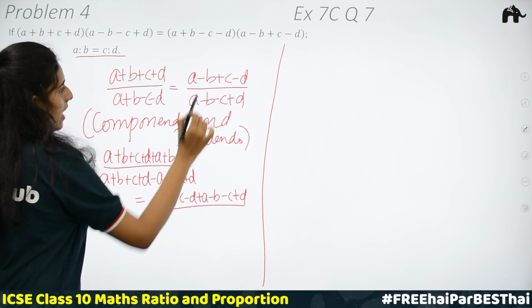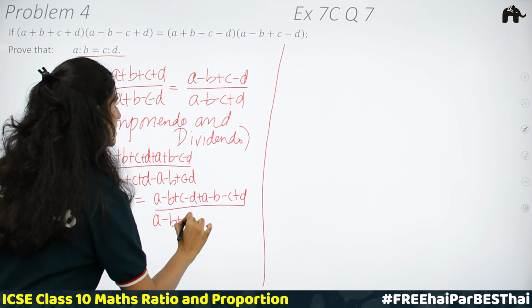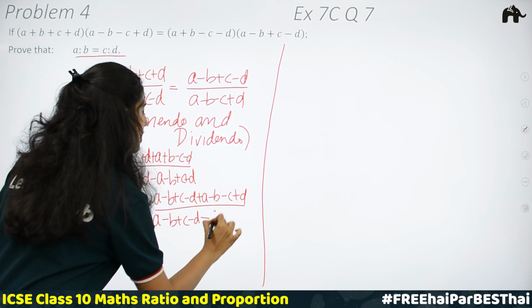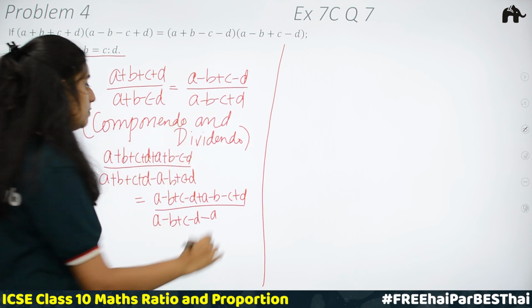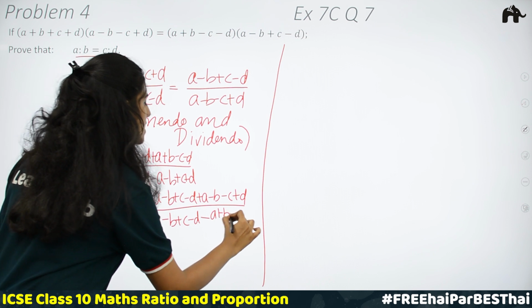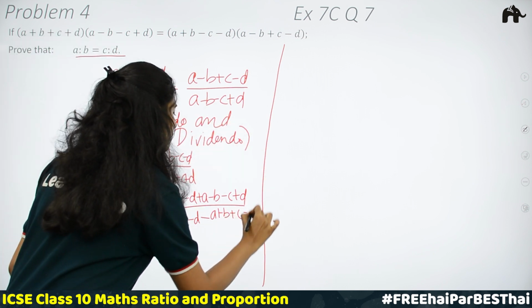Here we are having a minus b plus c minus d, then a negative, a minus of minus b plus b minus of minus c plus c minus of plus d minus d.